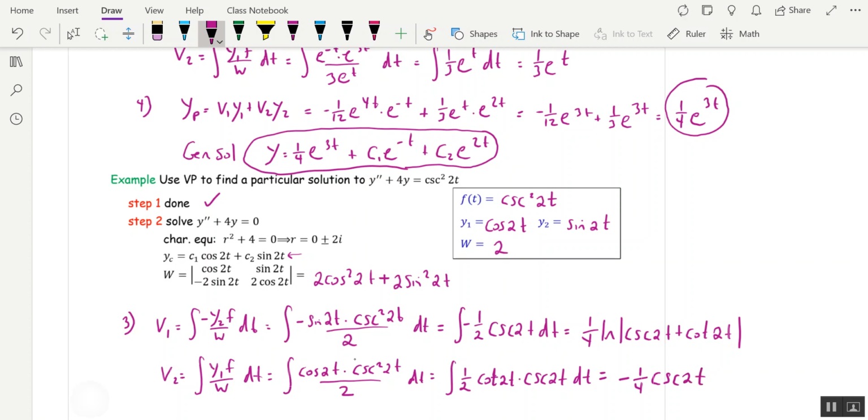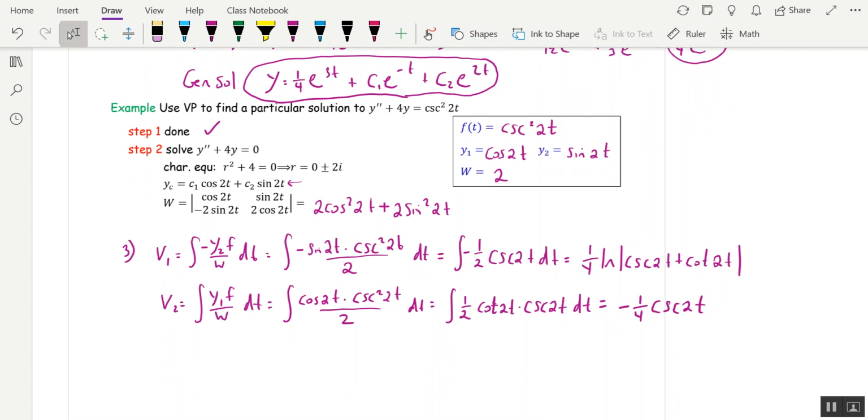Okay, we're almost there. We only want a particular solution in this case. We don't need the general solution. So yp is v1 y1 plus v2 y2.